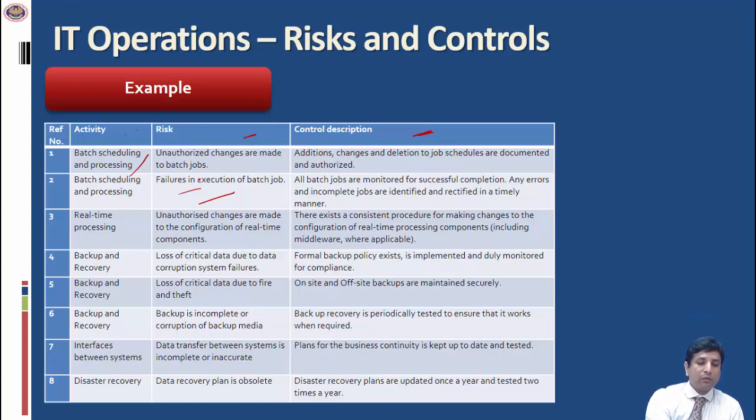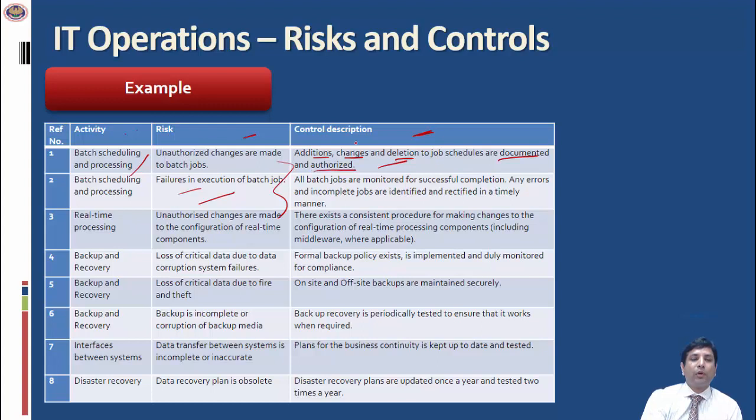So for these two risks, we can see there are two controls which are put into place by management. What are they? To address the risk of unauthorized changes made to batch jobs, the control is that any addition, change, and deletion to batch jobs are documented and authorized.